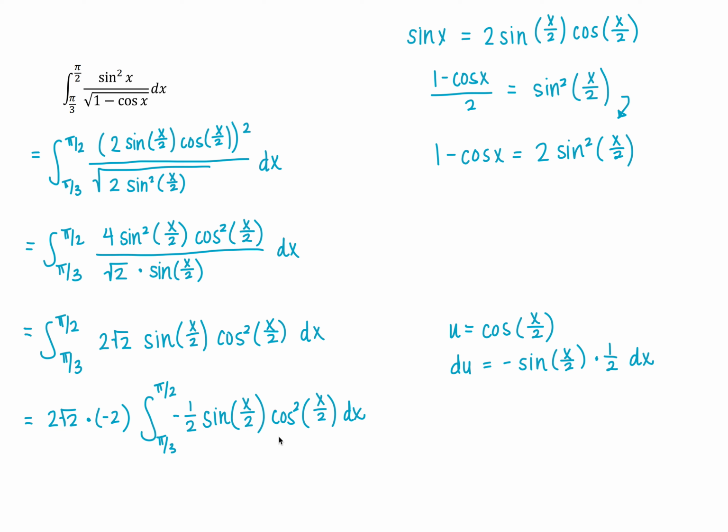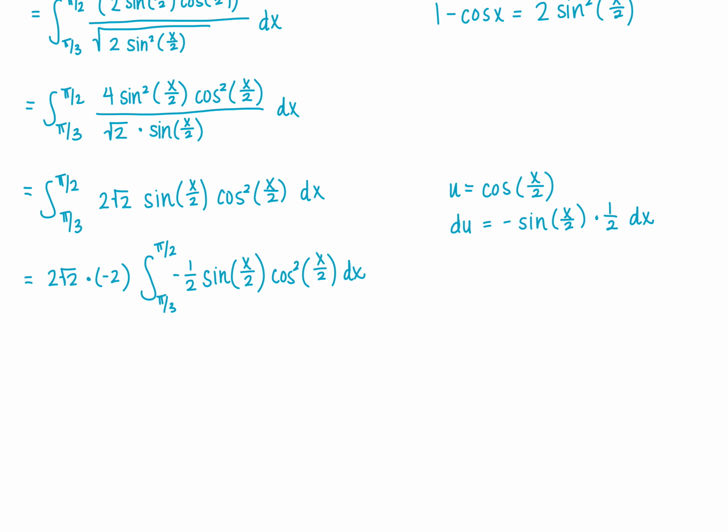So now I'm ready to go forward with the u substitution. When I do the u substitution, I'll go ahead and change the upper and lower bounds of the integral. So outside, I've got -4 times the square root of 2. U is equal to cosine of x over 2. So for the bottom one, we're looking at cosine of pi over 6, and cosine of pi over 6 is the square root of 3 over 2.